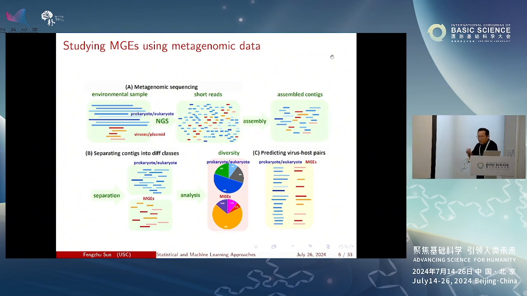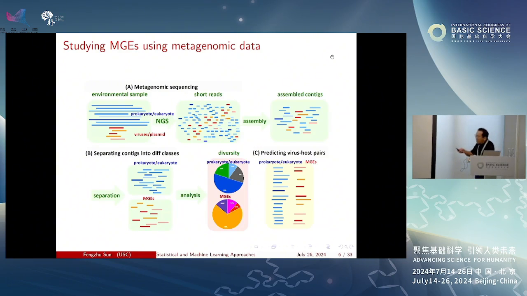But we don't know them, okay? And for those sequences, those are viruses or plasmid, they are much shorter. And these colors indicate the different type of microbes.